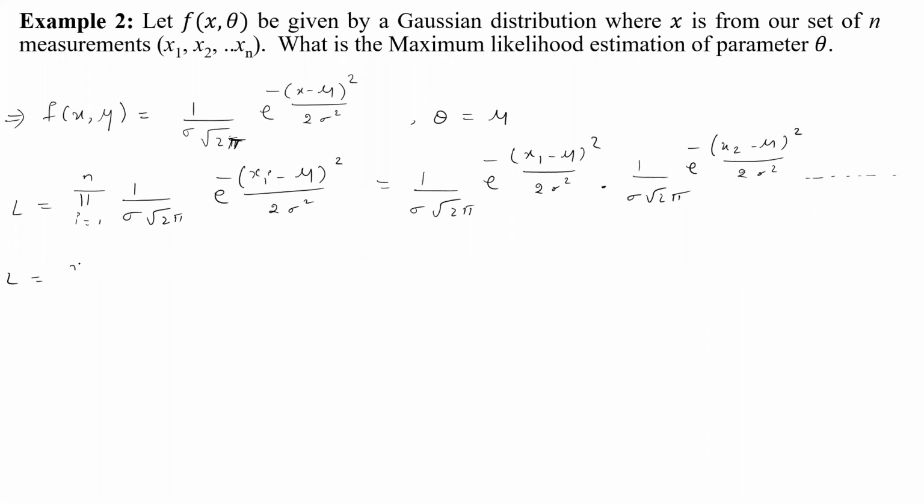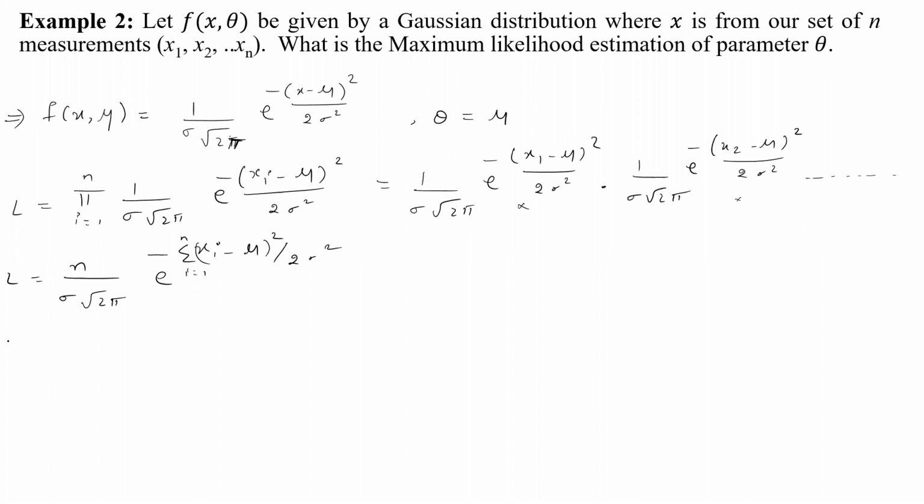So this will become your (1 by sigma root 2 pi) to the power n. Then you have e power of this term into e power of this term. So e powers will all add up, right? So I can just write this as e power of minus, outside the summation i from 1 to n, and all this term will get added up. So this will be xi minus mu whole square divided by 2 sigma square, because e powers all will add up when you multiply.